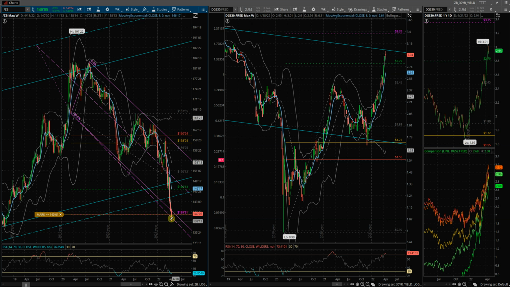Everything lined up to make this a perfect buying opportunity down here for a bounce, which is what we got.